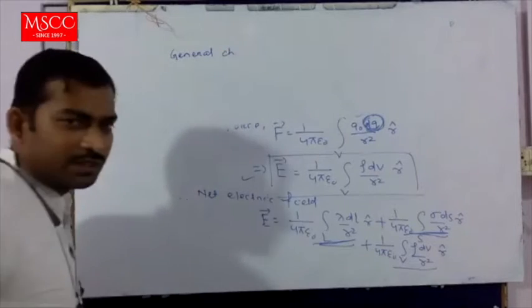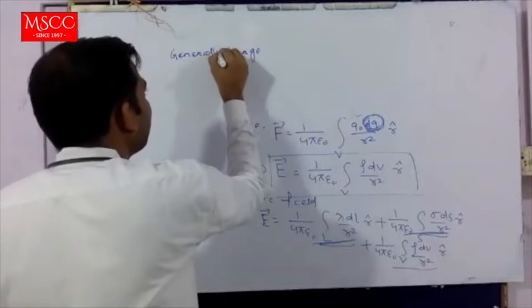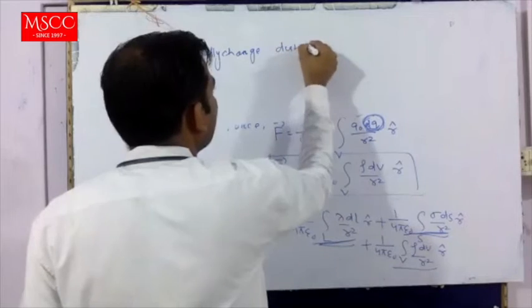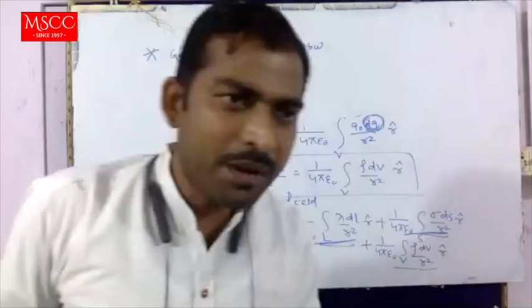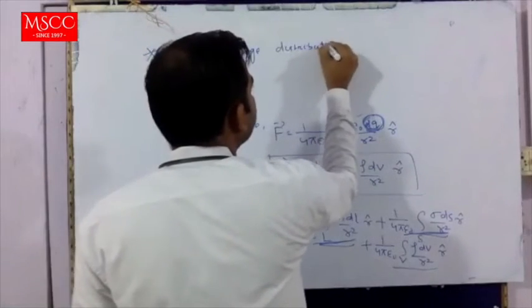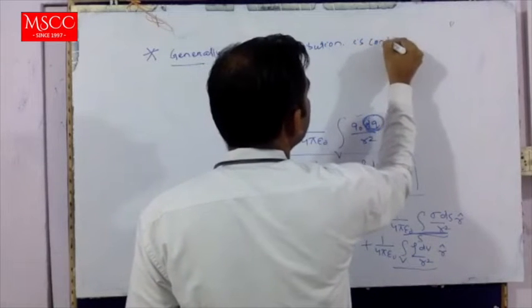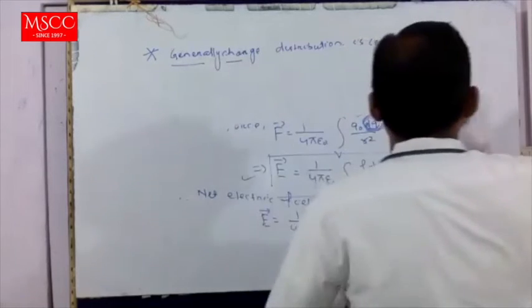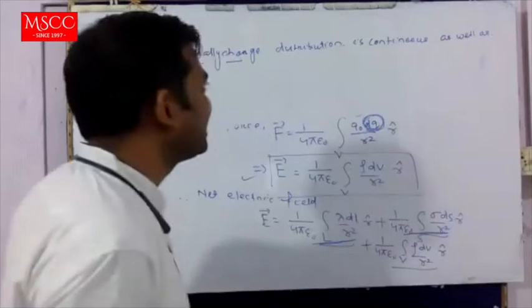Star mark, note below: a general charge distribution is continuous as well as discrete.